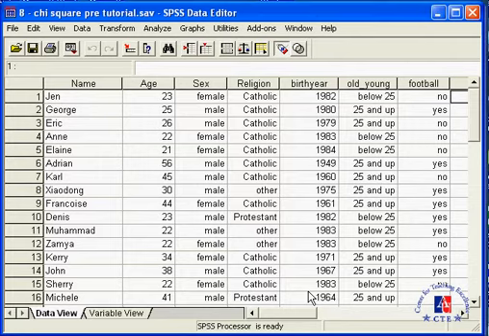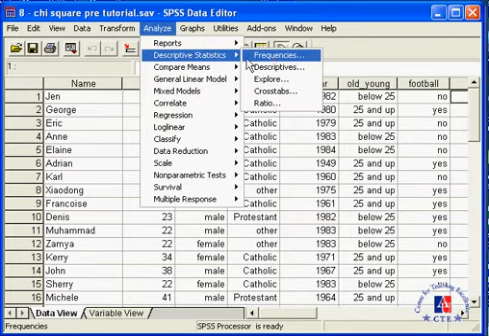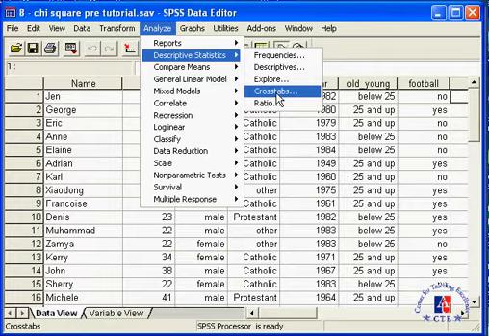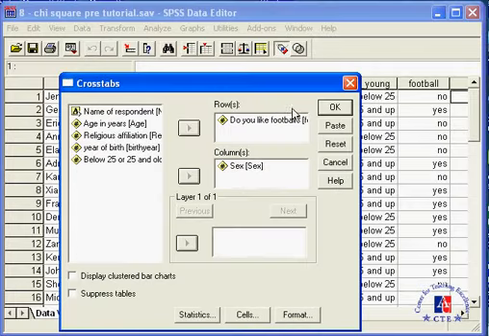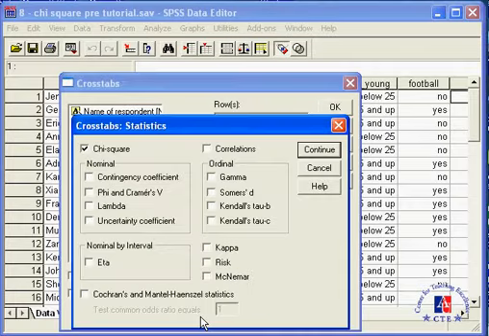You can do this by going to Analyze, Descriptive Statistics, and Crosstabs, and click on the Statistics button. And here you see you can choose from among a number of measures of association. As you see here, there are some measures for nominal data, others for ordinal data.